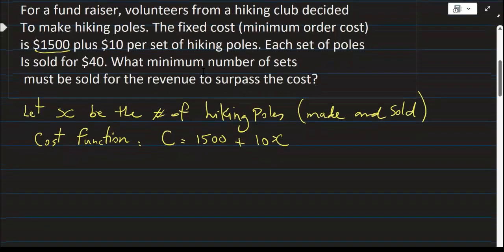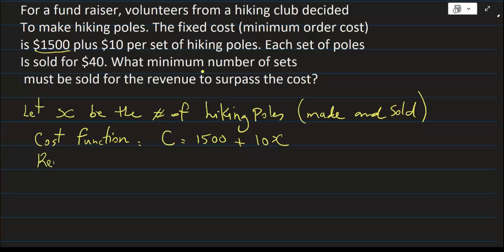Now we need to come up with the revenue function. The revenue function is called R, and that's simply the price of each set of poles times the number of poles sold.